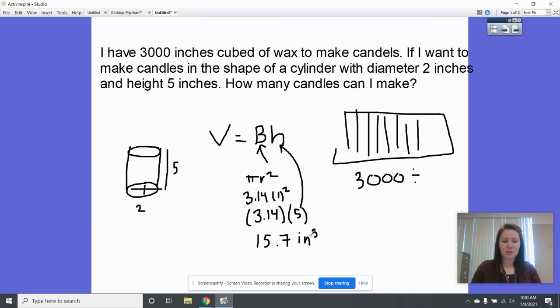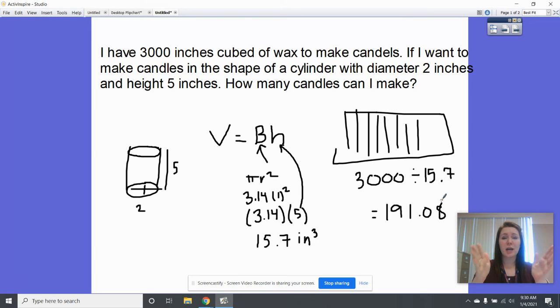So 3,000 divided by 15.7, because that's the size of each candle, equals 191.08.